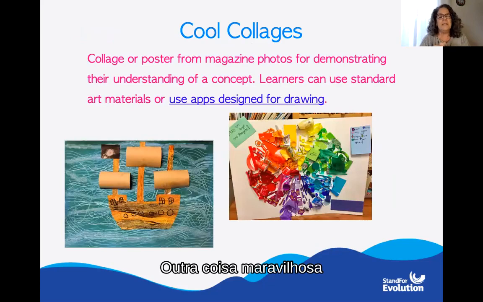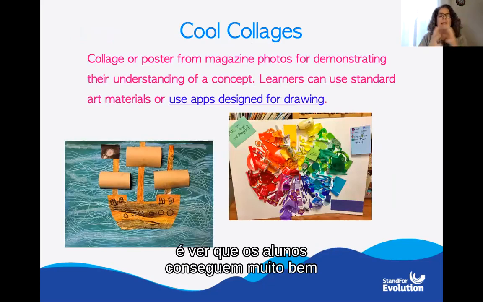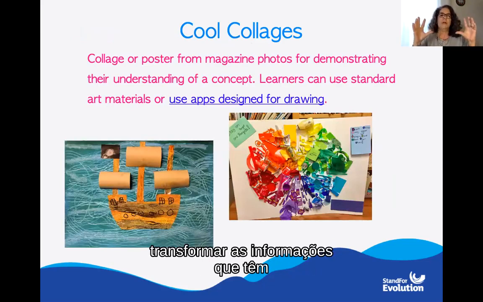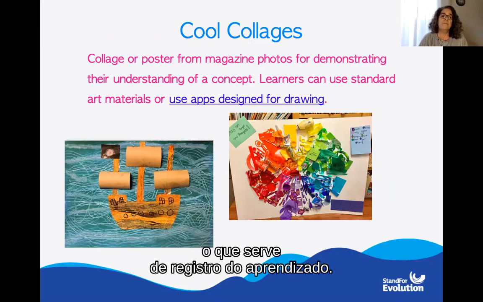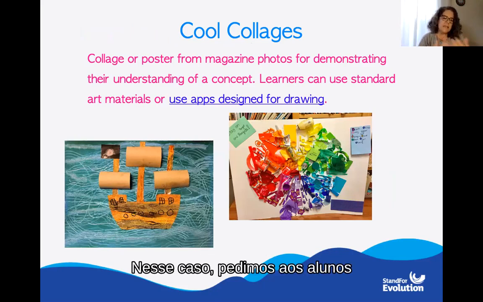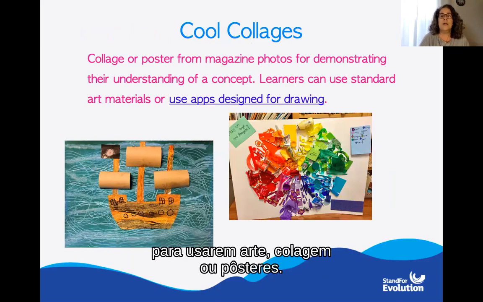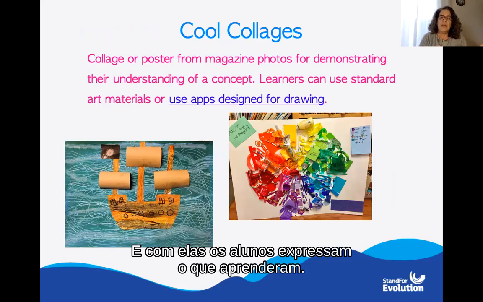Another great thing is to see how well learners can change the information they have into a totally new resource or support for showing the learning. And in this case, it is inviting the learners to use art, collage or posters, right, where they can express what they have learned.